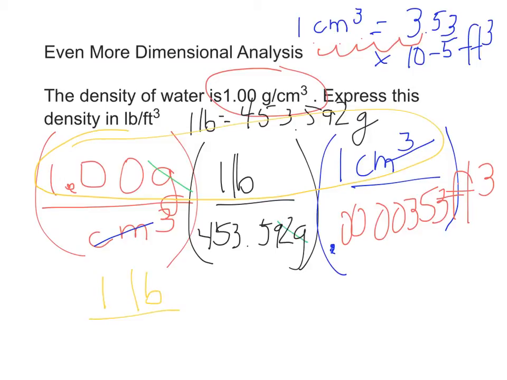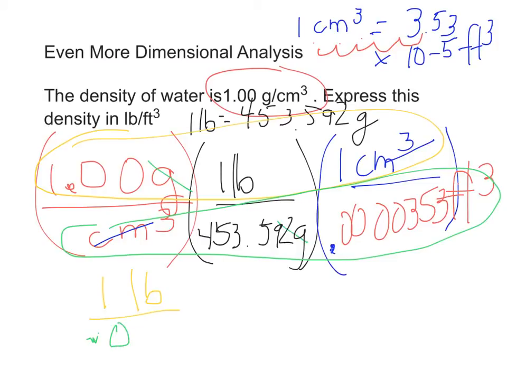And if we go across the bottom, of course, we had nothing here. 453.592 times 0.0000353 is equal to, on the bottom, if we go straight across the bottom and multiply those, 0.016011.